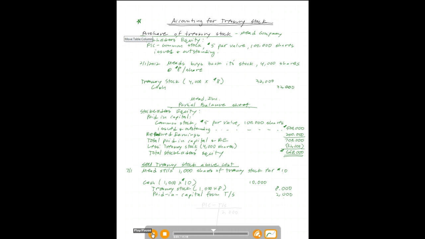You would list common stock, and you'd also list paid in capital on treasury stock in that same section. And then you would subtract still whatever the remaining treasury stock balance is, which if we bought it for 32 and we just credited it for 8, then we would have a remainder of 24,000 in that account.